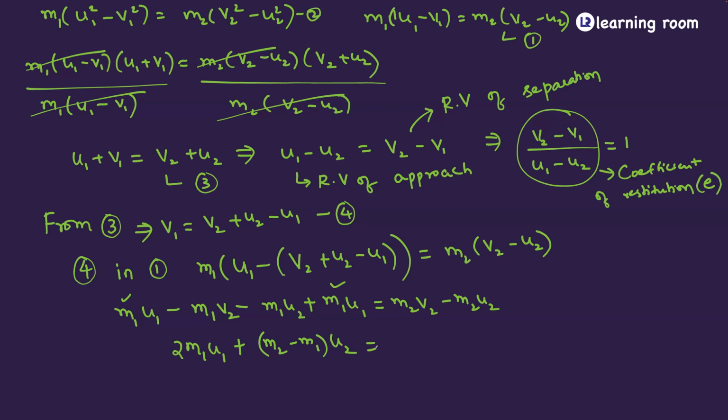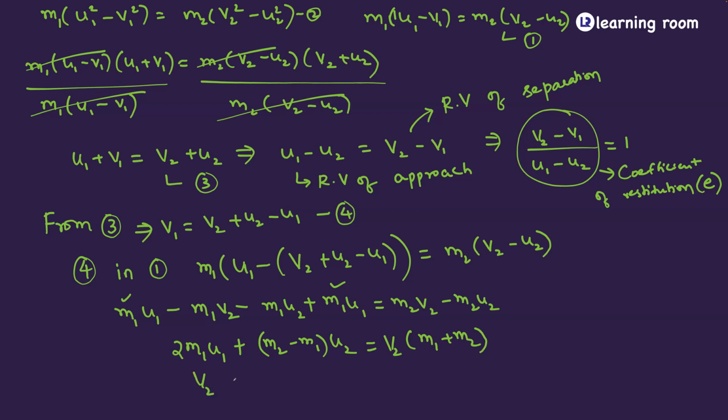Minus M1 V2 will go to the other side, and you have minus M1 V2 and M2 V2. What is common? V2 is common. So V2 into M1 plus M2. Bring this M1 plus M2 to the left-hand side.